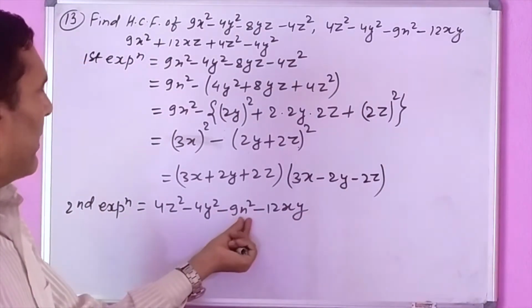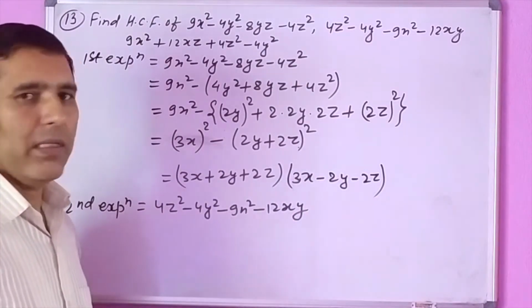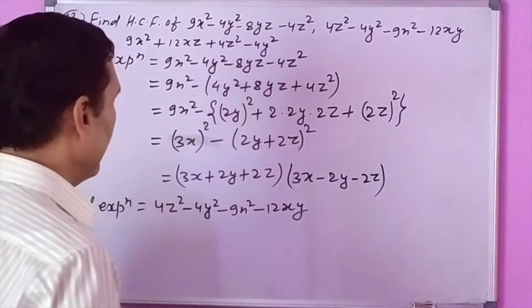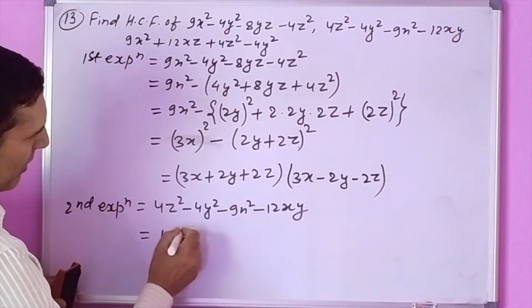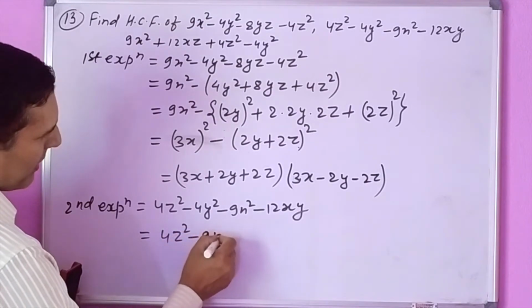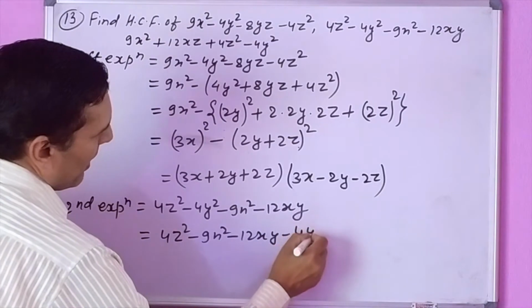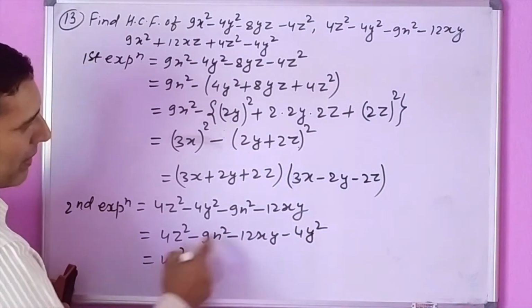We have one term containing x square, another term containing y square, another term containing xy. So we take minus sign common in the last three terms. First we arrange the terms: first 9x square, minus 12xy, and then 4y square at last. Now we take minus common in the last three terms.